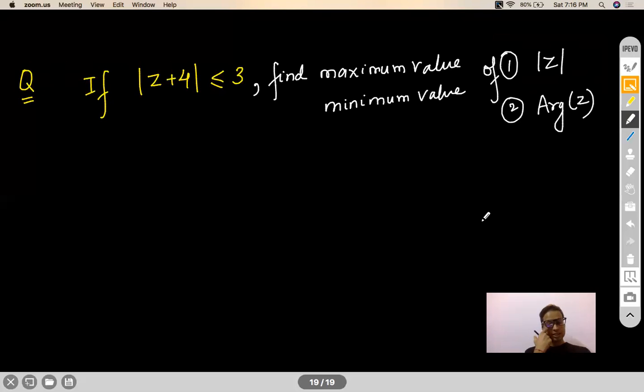If mod z plus 4 is less than or equal to 3, find the maximum value of mod z and the minimum value of mod z, and the same with argument also. Now, if you have understood the geometrical meaning of whatever we discussed so far, you'll be able to solve this question, at least the first part, within 30 seconds.